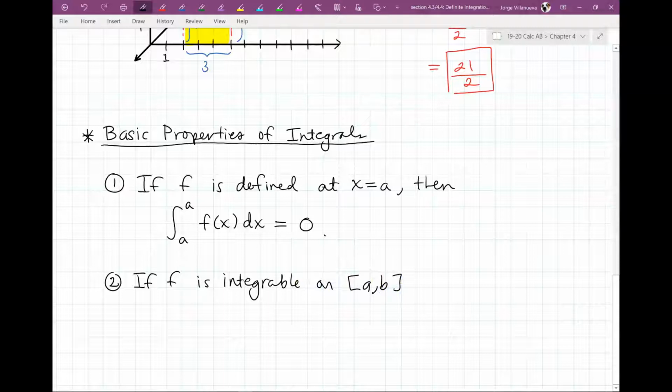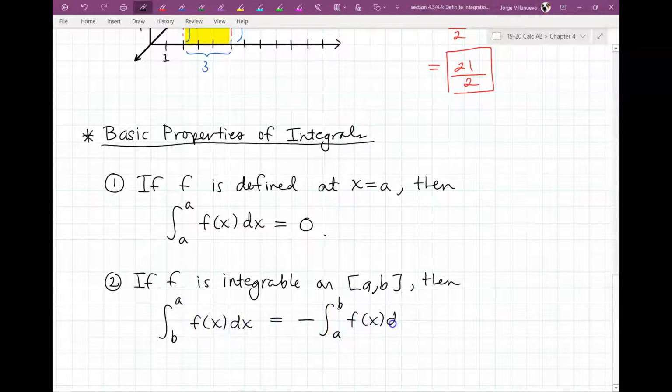Because whenever we write intervals, we go from small to large. So a is the small number, b is big. Then the integral from b to a of f of x dx is equal to negative the integral from a to b of f of x dx.